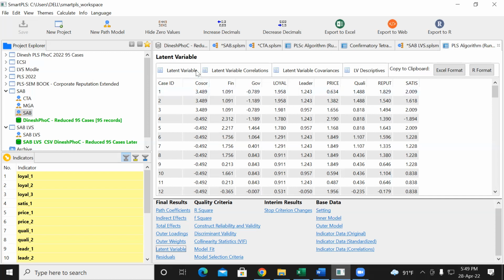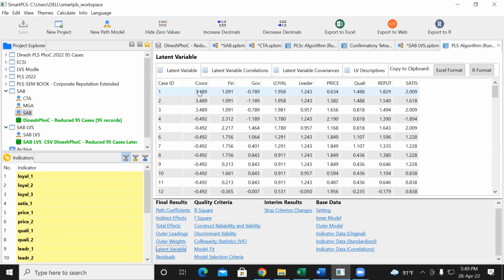From that, we create the latent variable. A latent variable is a particular reflection of the larger construct as a single indicator. For the moment, try to understand it that way. Usually it has a standard deviation of 1 and mean of 0.